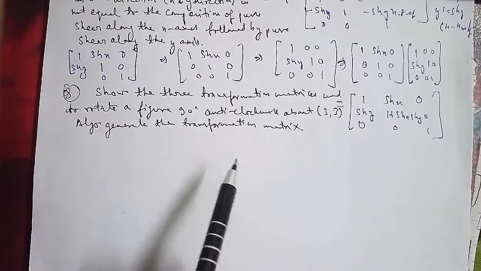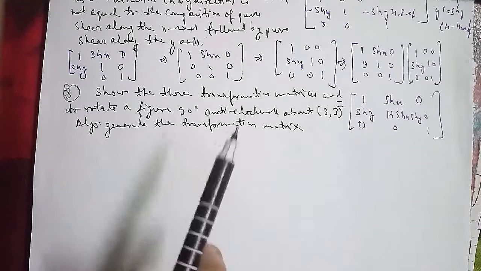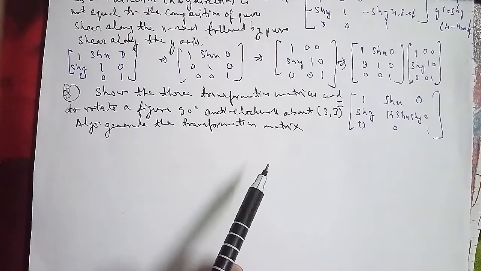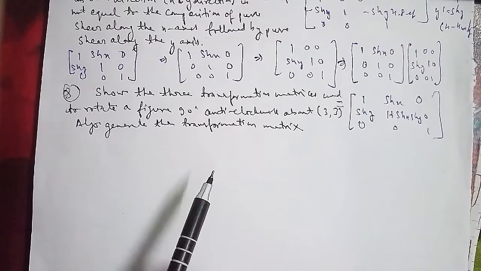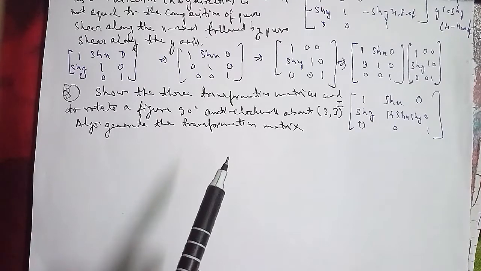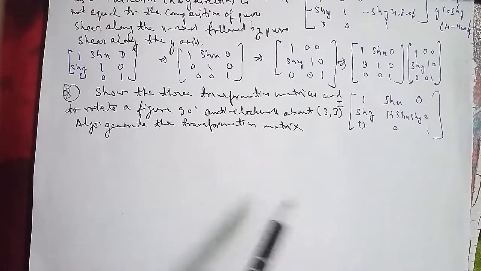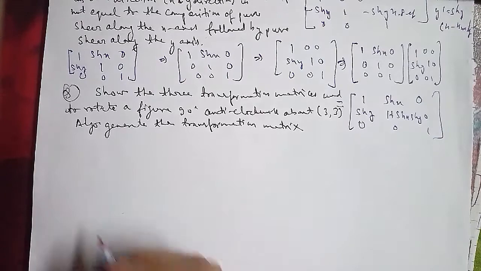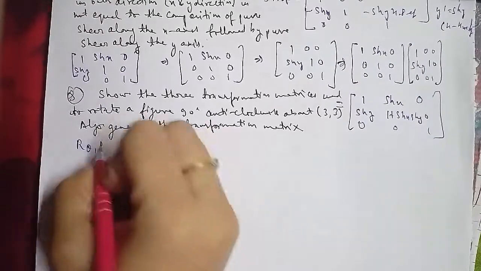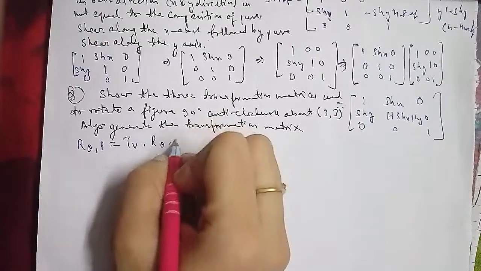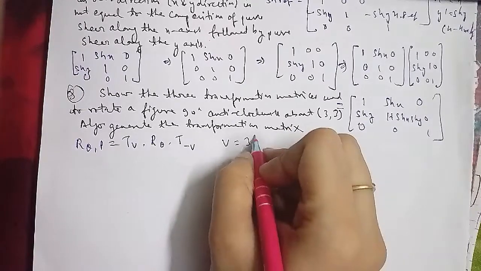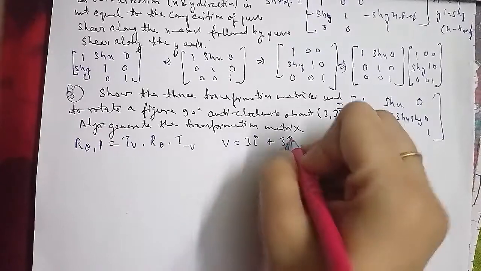Tv is 1, 0, 3; 0, 1, 3; and 0, 0, 1. And T minus v is 1, 0, minus 3; 0, 1, minus 3; and 0, 0, 1. Now we find R 90, which is cos 90 degrees, minus sine 90 degrees, 0; sine 90, cos 90, 0; and 0, 0, 1. Finding the values, we get 0, minus 1, 0; 1, 0, 0; and 0, 0, 1.